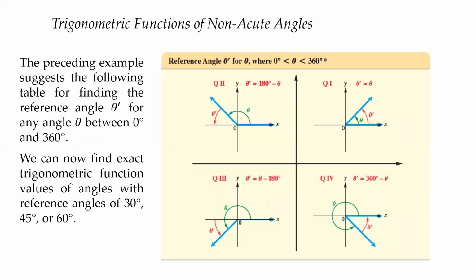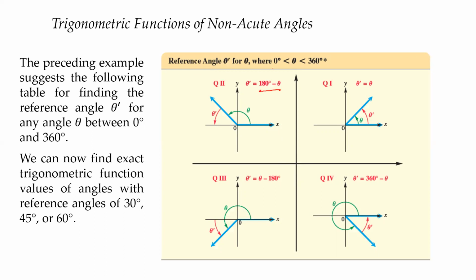Okay, and to summarize it all up, the preceding example, which we did, example 6, suggests the following table for finding the reference angle theta prime for any angle theta between 0 degrees and 360 degrees. If our theta is in quadrant 2, theta prime is 180 minus theta.